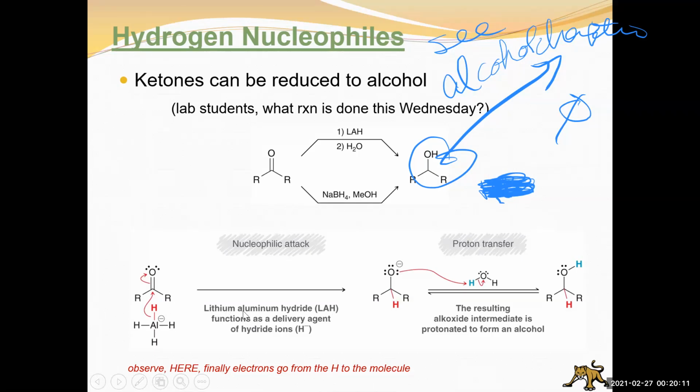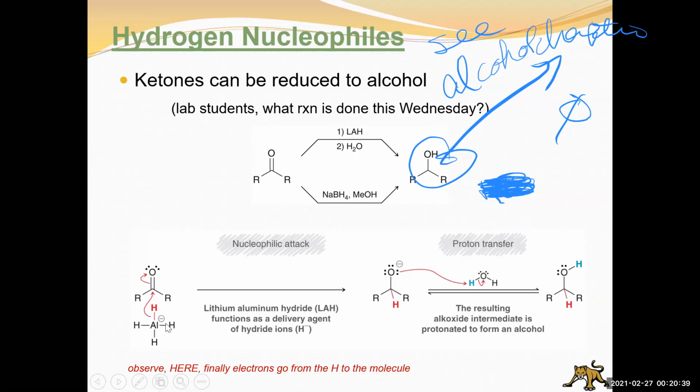Here's our mechanism. Here's the lithium aluminum hydride coming in. See how it's the hydride ion that's going in there. It's H minus that goes in. And then you can do a proton transfer to protonate it. And then for the sodium borohydride, it's going to look very similar.